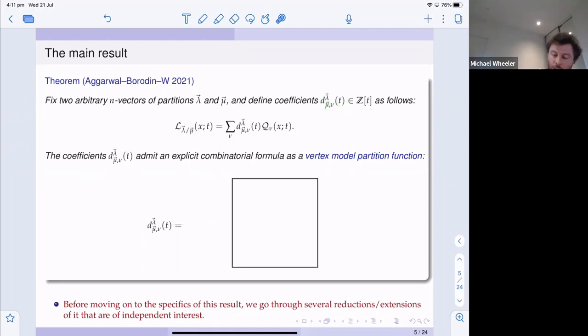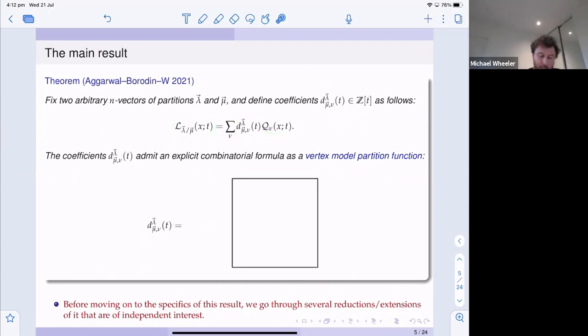And these coefficients, by general theoretical considerations, will be polynomials in t with integer coefficients. That's really the first important thing to say here. These are actually not going to be positive in general. In spite of the fact that they're not positive, they do have, in a sense, a combinatorial formula. We define them as the expansion coefficients. I take an LLT polynomial and I expand over the modified Hall Littlewood basis.